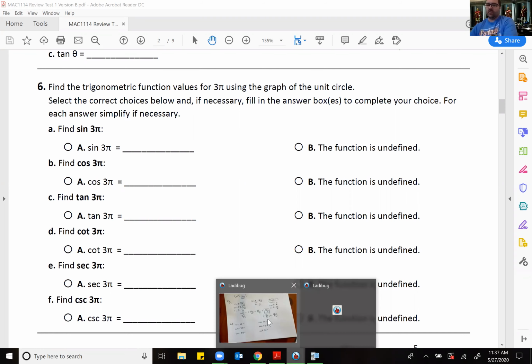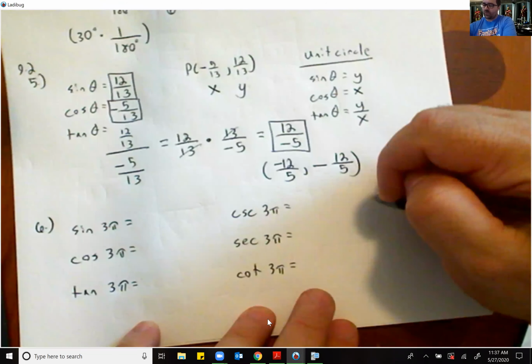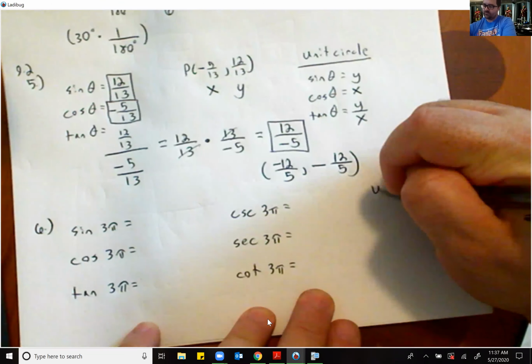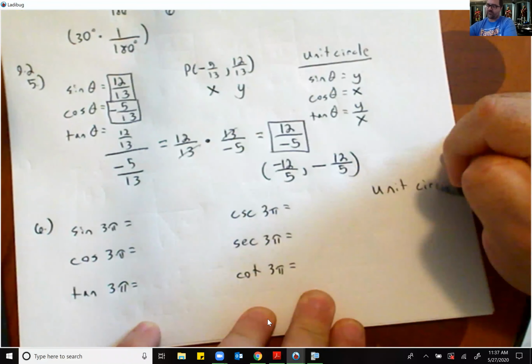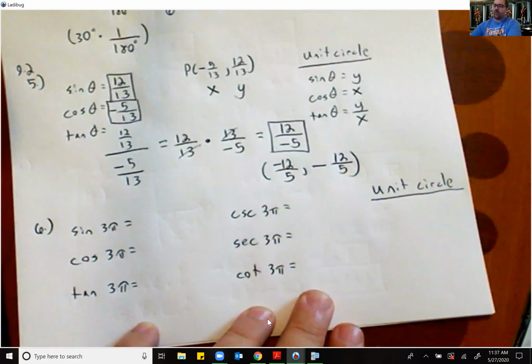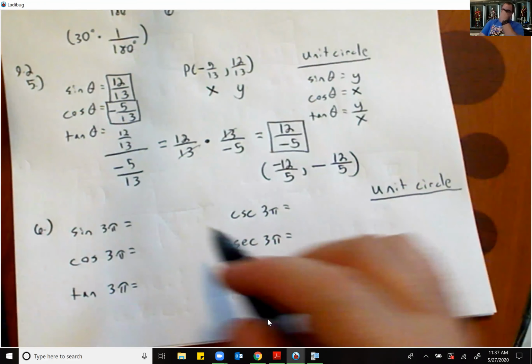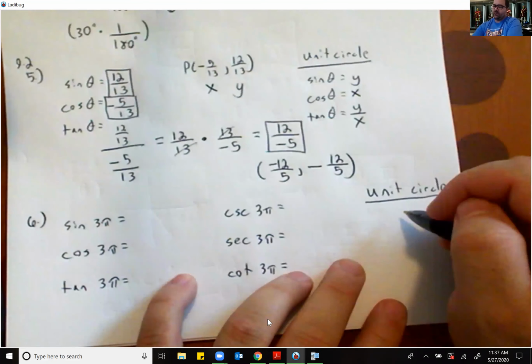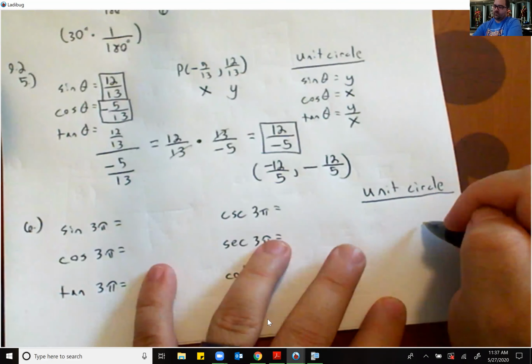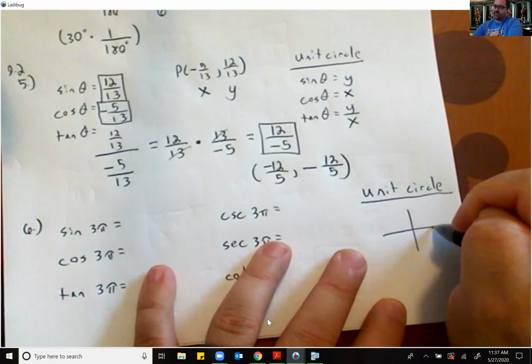Again, we are on the unit circle, which helps us out. Now, 3 pi. Remember, on the unit circle, here's my unit circle as best as I can draw it.